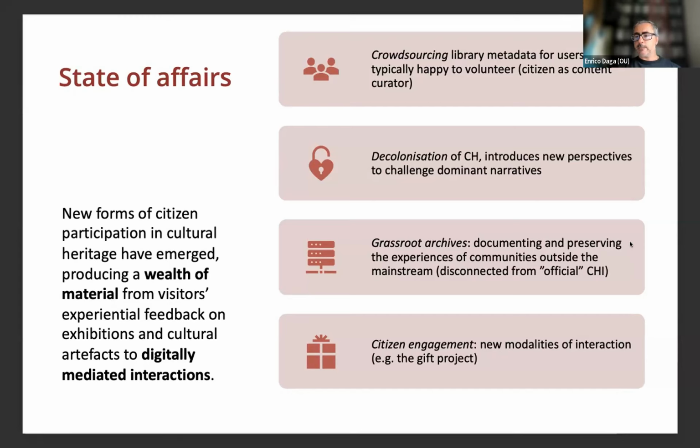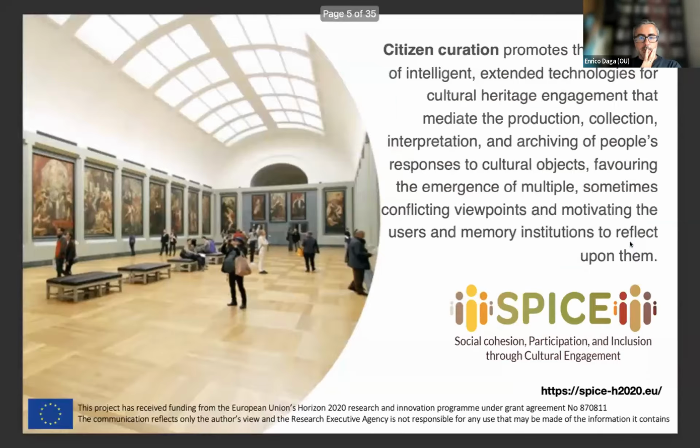There are grassroots projects, where communities build their own archives to develop their own evidence and their own perspective in society, but they're typically disconnected from official cultural heritage. And then there is a lot of work in extended intelligence for cultural engagement, on how much new digital technologies can help improve the interaction with citizens.